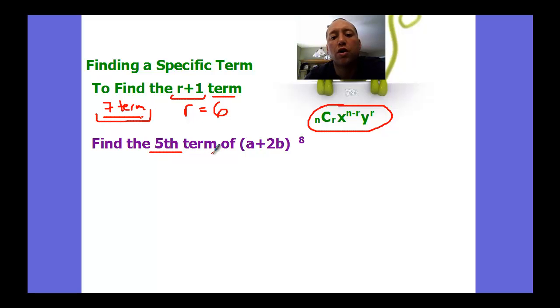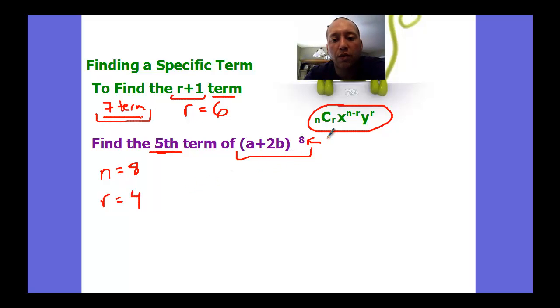So if we're trying to find the fifth term of this binomial power, we need to know or express what n is and what r is. N is the degree or the power of your binomial, which is going to be 8. R is always one less than the term you're trying to find. So for the fifth term, r is going to be 4.